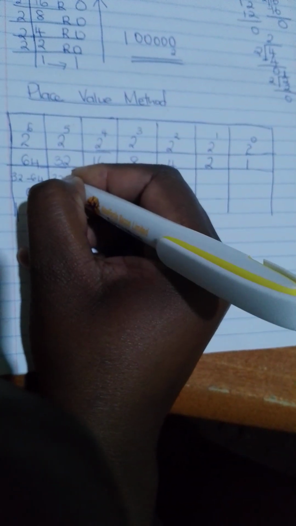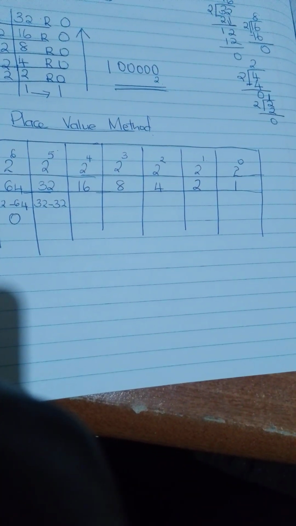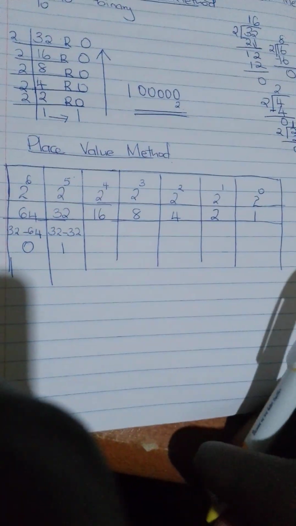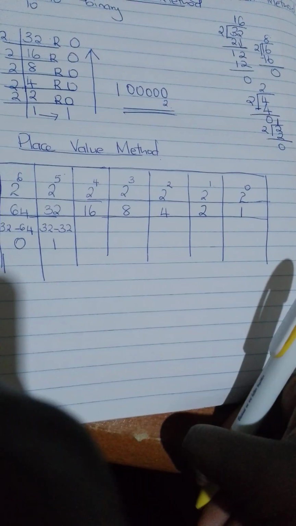Let's move the 32, which cannot be subtracted, to the other number. 32 minus 32. Can we subtract? Yes. If we can subtract, we write 1. So let us now subtract. 32 minus 32 is 0.